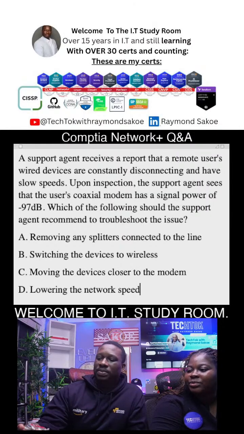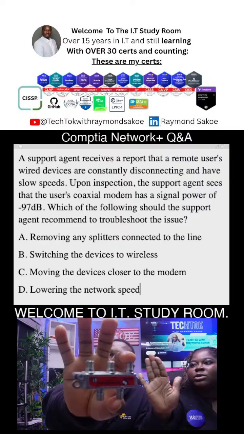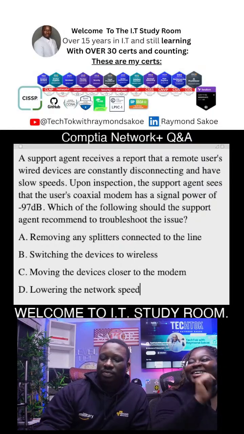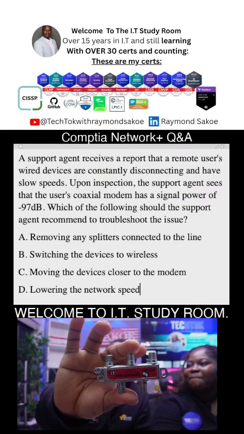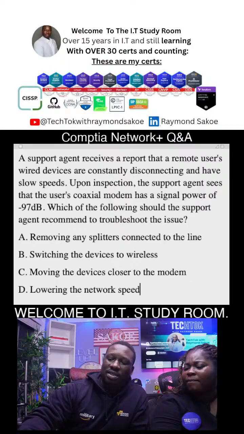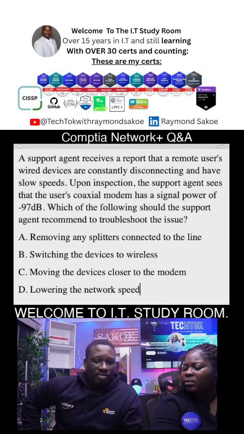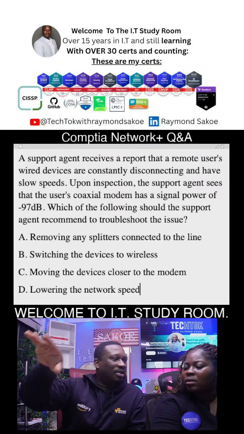So splitters are something like this, right? You got to get closer. It splits the connection. So this is a 4-way splitter, and this is a 2-way splitter. Why is it 4 when there's 5 on there? Because 1 is input, and then the rest is output.